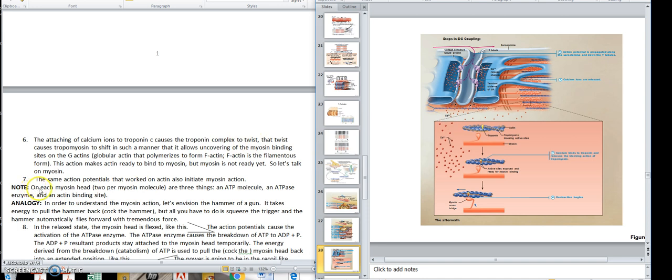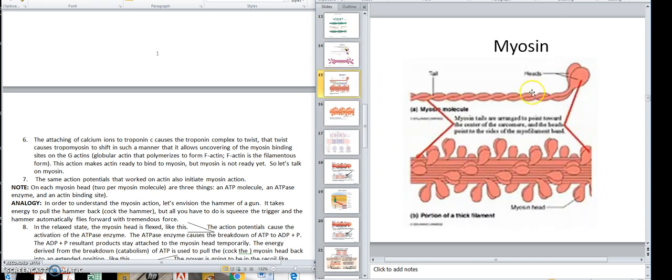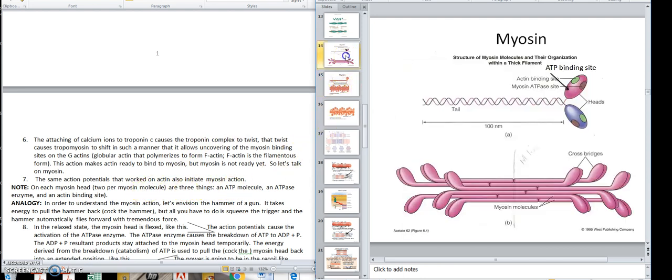Okay? Note, on each myosin head, 2 per myosin molecule, we've talked about that, are 3 things: the ATP binding site, actin binding site, and the ATPase.